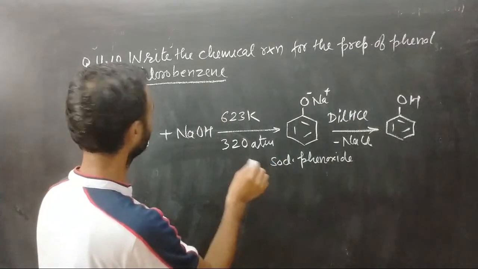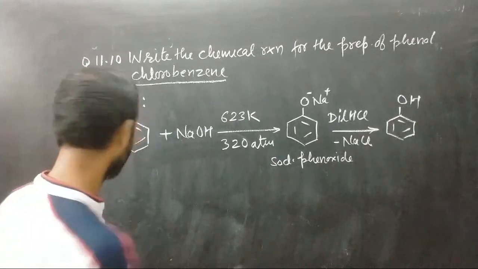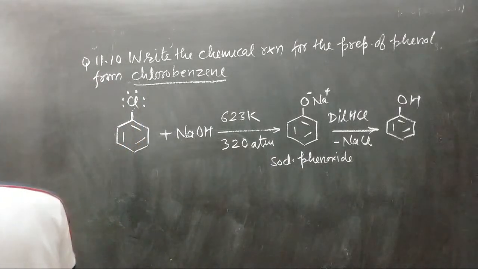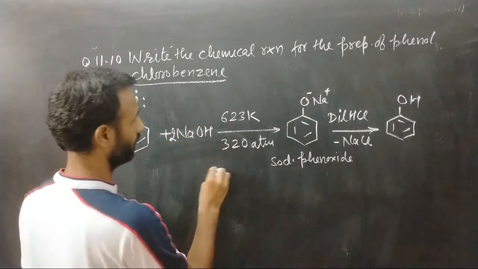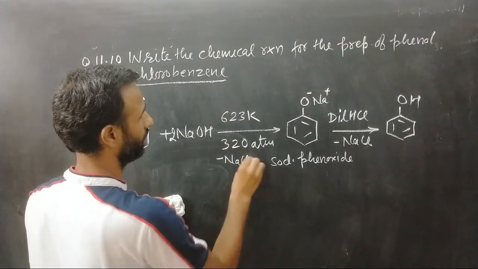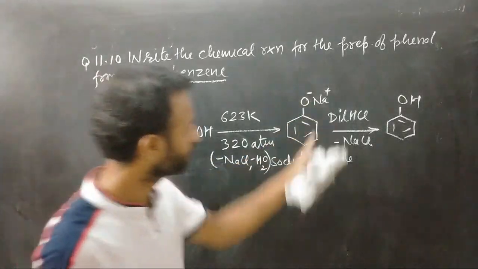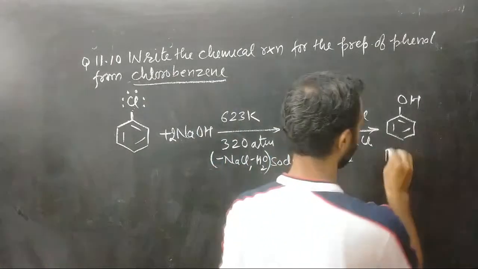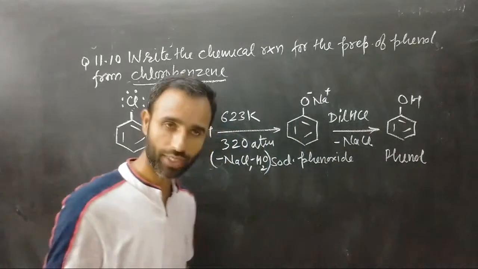Here water is removed because ONa is attached here. Two molecules are used, so it is minus NaCl and minus water. So we get sodium phenoxide and ultimately we get phenol, right?